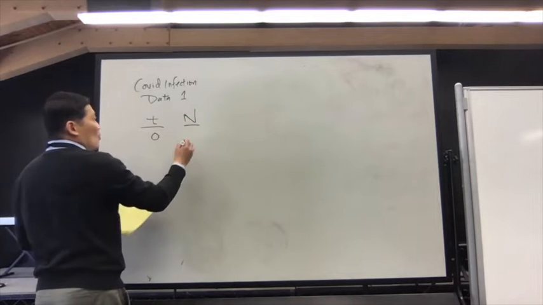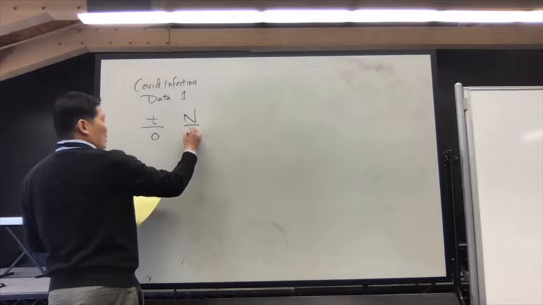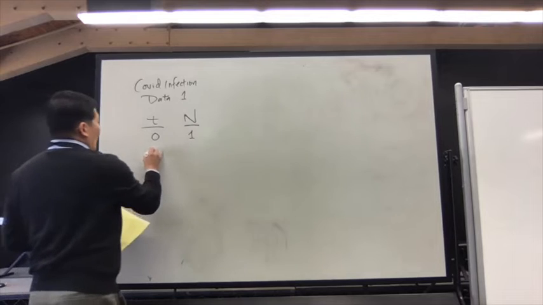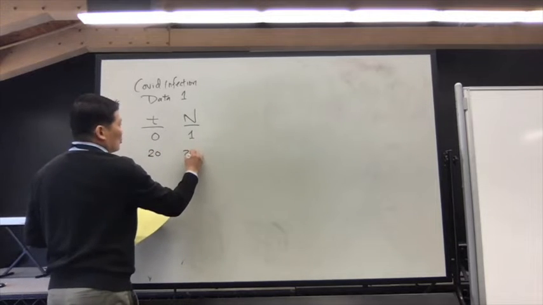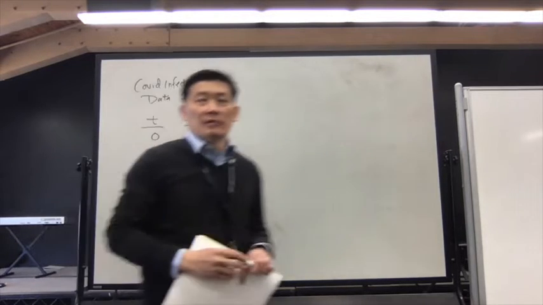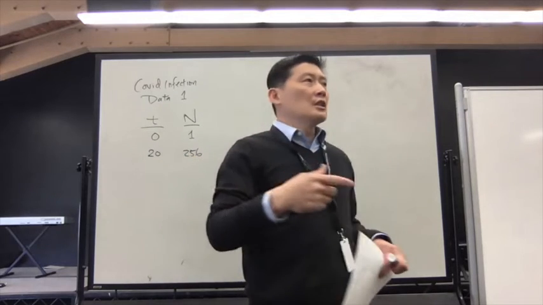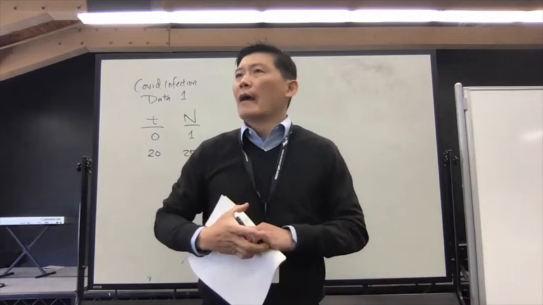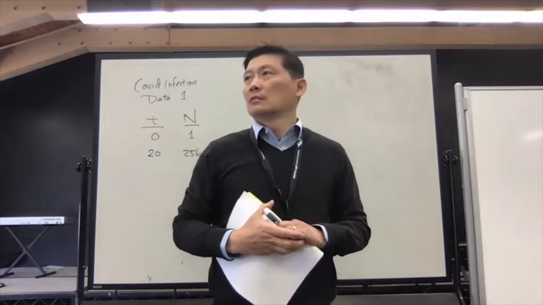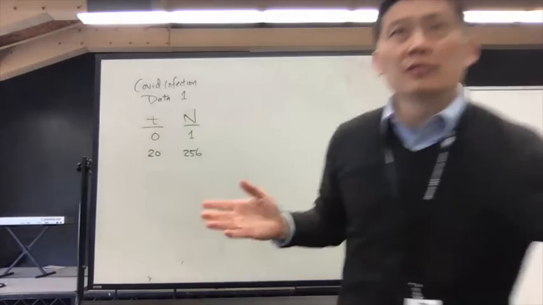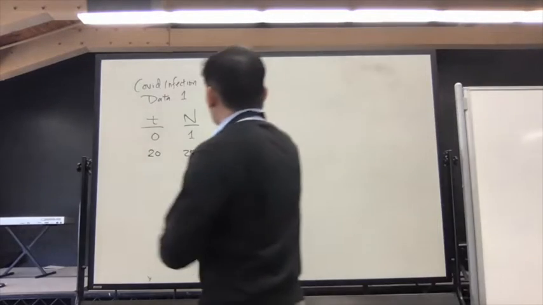So day one or zeroth day, you got one person who's infected, and then after 20 days, we got 256 people infected. And we know that infections are growing in an exponential pattern, right? So this is data one.